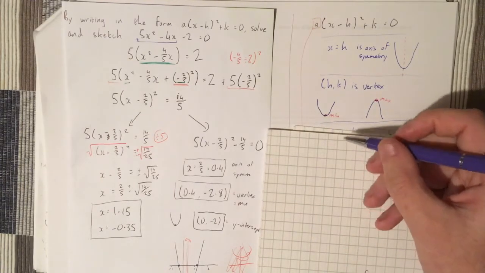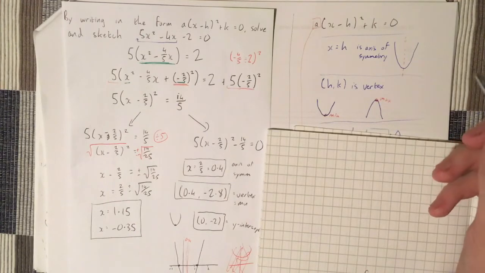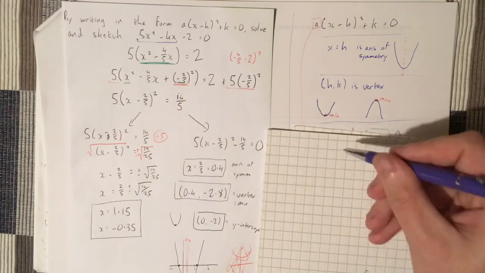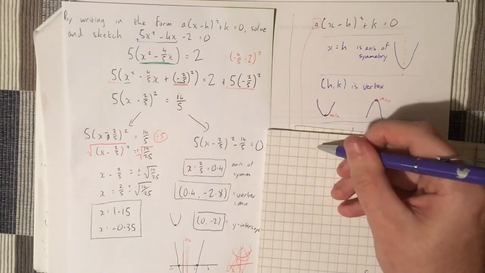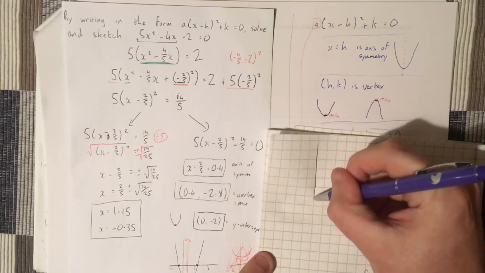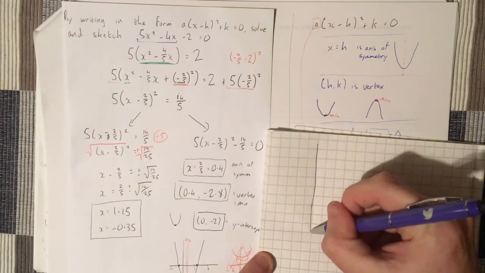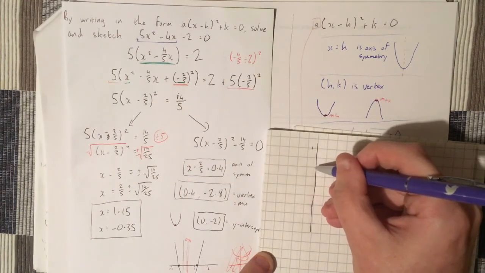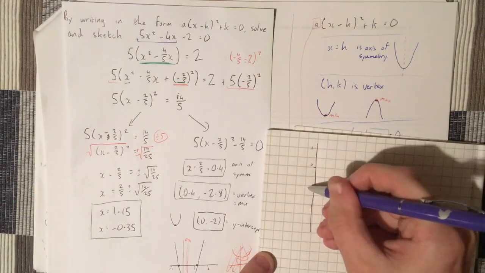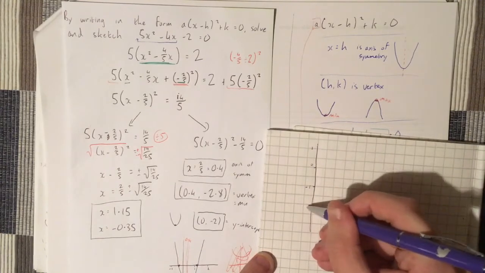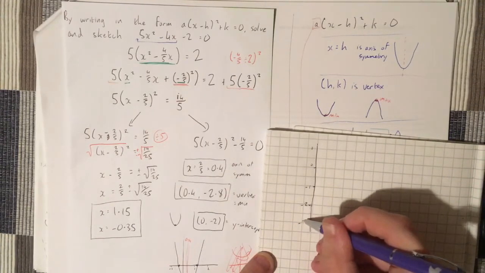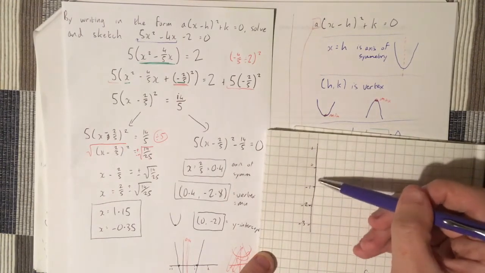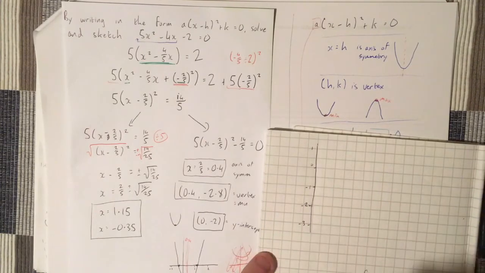I don't really need to worry about the positive here, do I? So let's say this is 1, it's going to be 0, minus 1, minus 2, minus 3, going in jumps of 2, just to give me a bit of space to draw this.